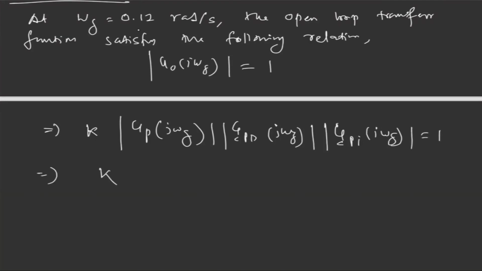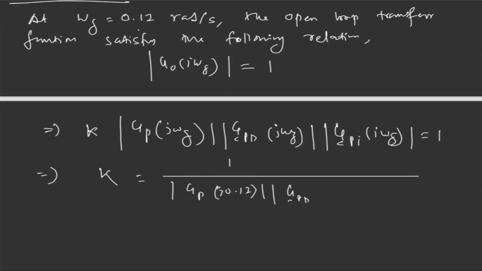And from this expression, we can write K equal to 1 upon the magnitude of G_p(j0.12), G_c_PD(j0.12) and G_c_PI(j0.12).